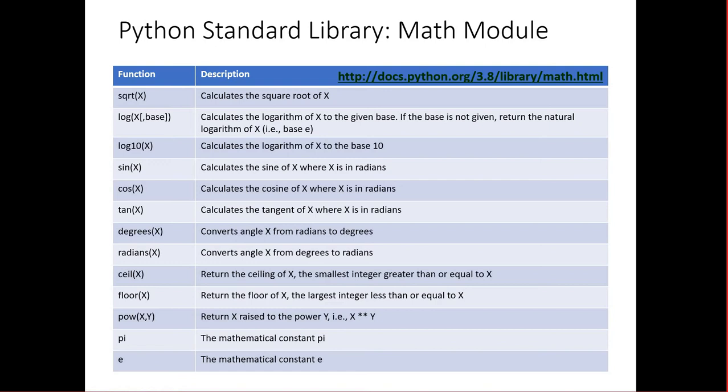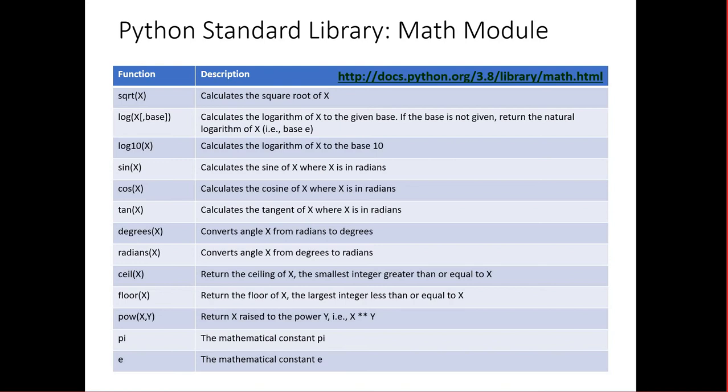This is not the complete list, so you have to refer to the documentation for the complete list of mathematical functions available in the math module. But some of them I would like to discuss. For example, getting the square root of a number. For that we have a function. Right now we have not learned how to use this.